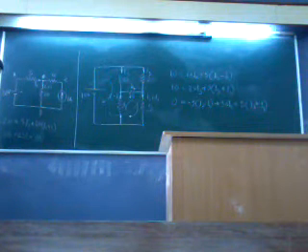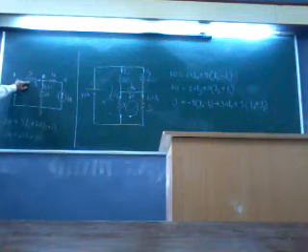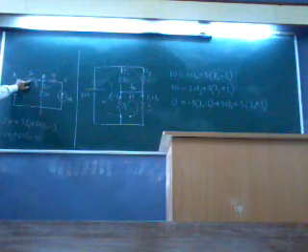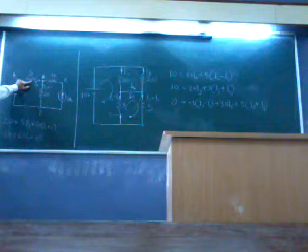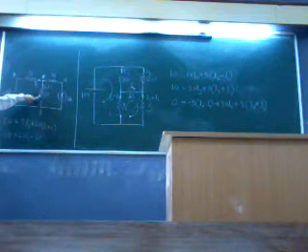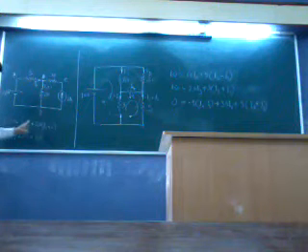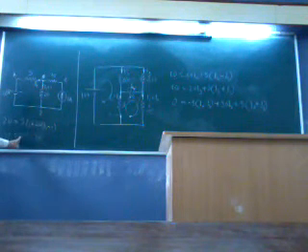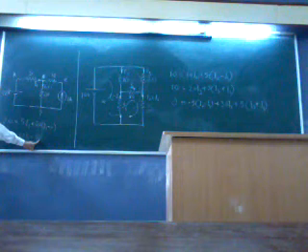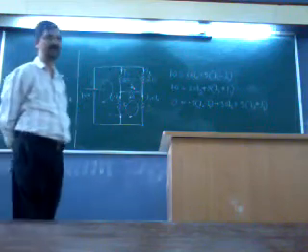Is it correct? 20 is equal to 5I1 plus 20 into bracket I1 plus 1. So 5I1 plus 20I1 is 25I1, plus 20, so I1 is equal to 0.